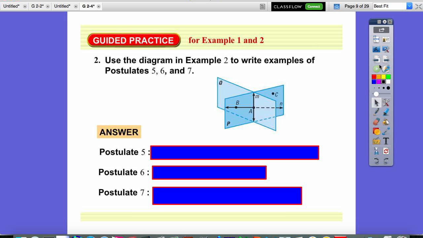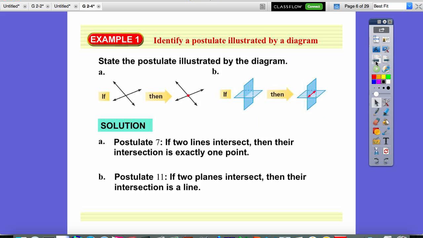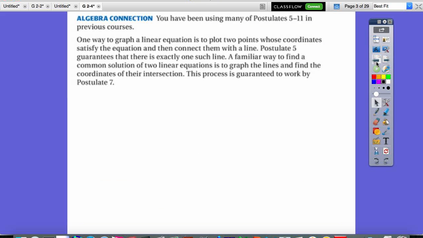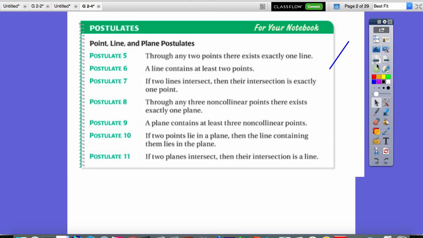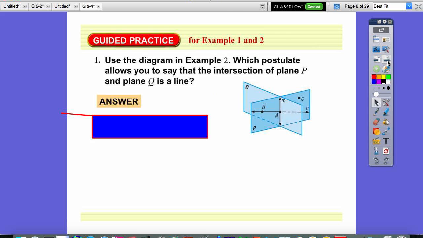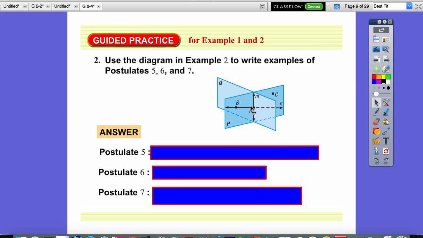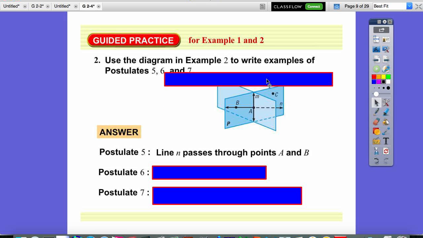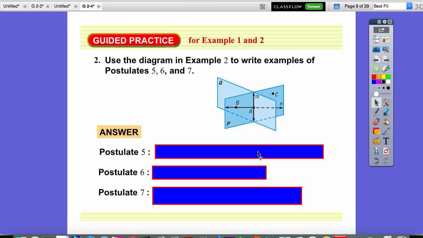Use the diagram in example 2 to write examples of postulate 5, 6, and 7. So once again, let's go back, because I don't expect you to have that memorized yet. Through any 2 points, there exists exactly 1 line. So through any 2 points, so between B and A, there exists exactly 1 line. Okay, postulate 6.